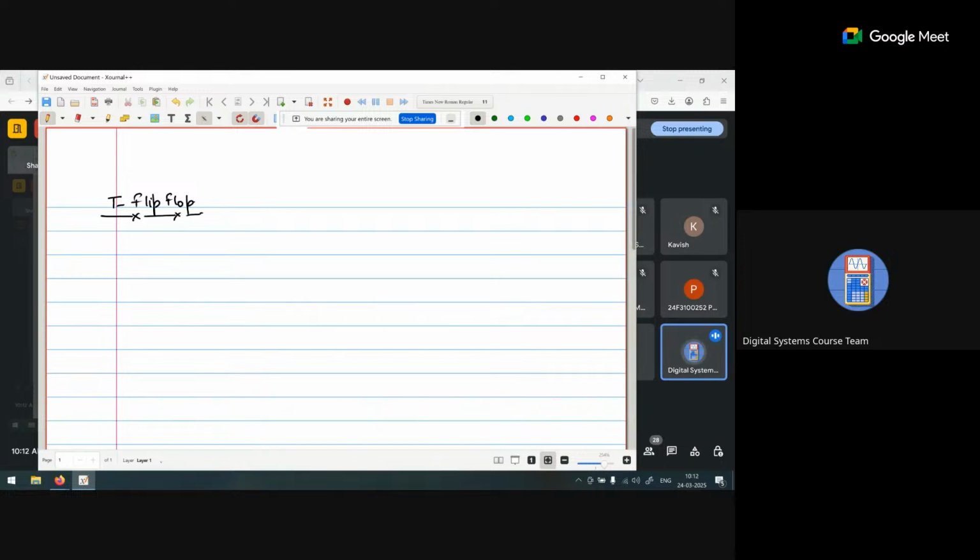What is the meaning of T flip-flop? This is one flip-flop where T is the input, the clock is applied, and we get Q n plus 1.